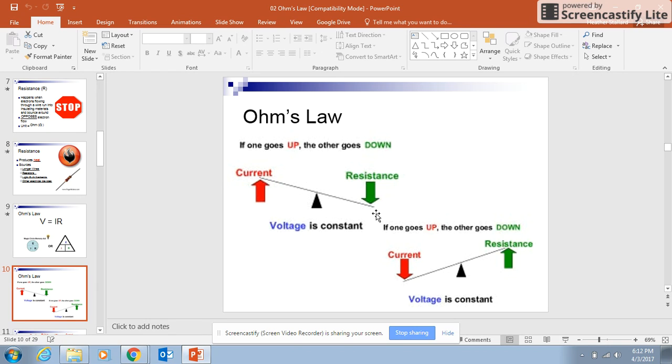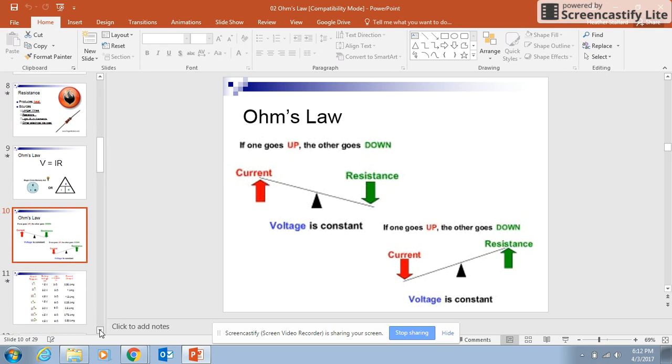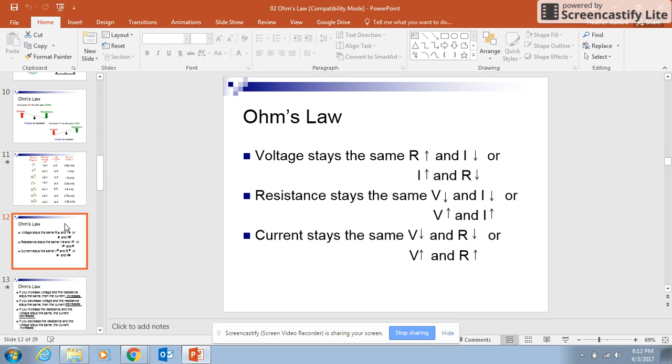That's the very first point: when voltage stays the same, one will go up, one will go down. Now, with resistance and current, let's say that one of those stays the same. Then the other two variables either both go down or both go up. So if current stays the same, both go down or both go up.